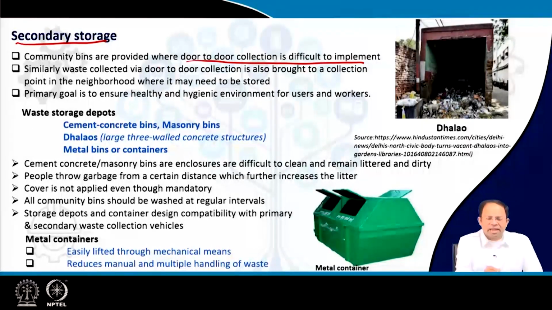So either in these community bins or at the collection points in the neighborhood where waste collected via door-to-door collection comes, this waste needs to be stored. That means we store waste either in the community bins or at these transfer points or secondary storage points.